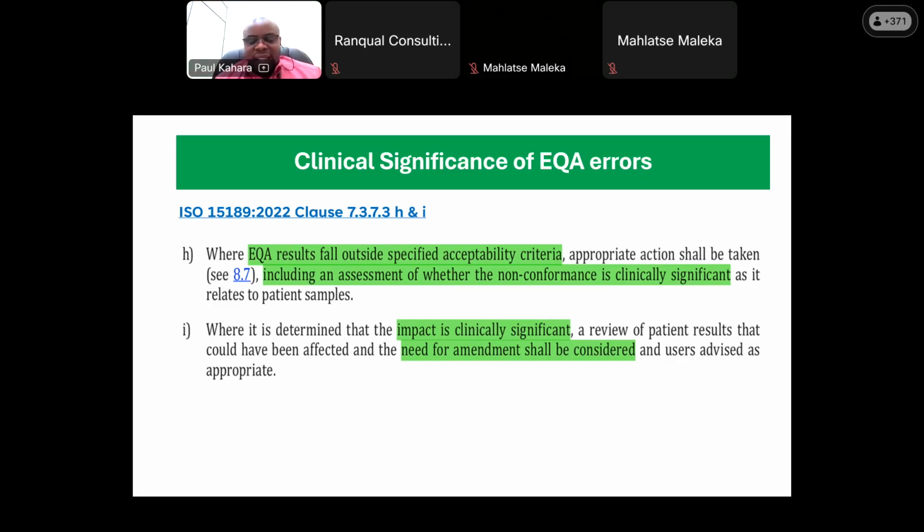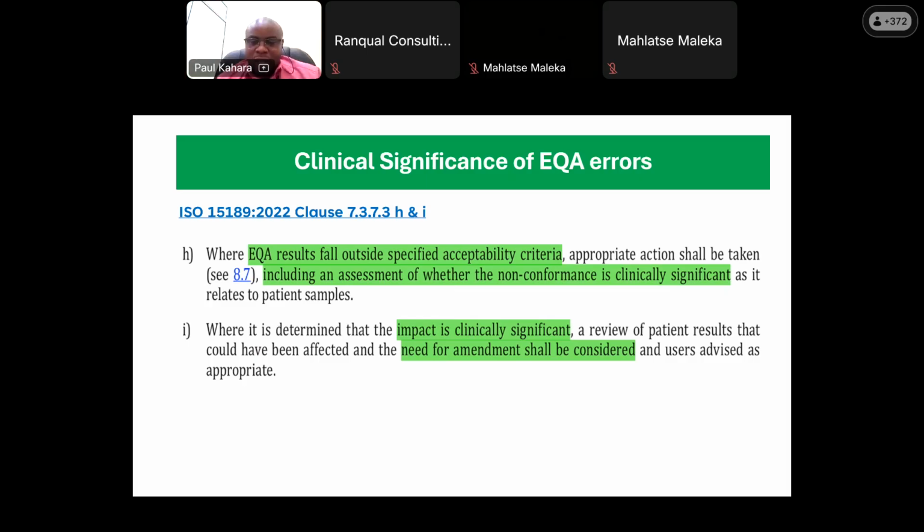Of course, when you look at clause 7.5 of the standard, and even 8.7, when the monitoring results go outside the acceptability criteria, and by monitoring here, we are talking about IQC and EQA, that is supposed to be called a nonconformity or a nonconformance.